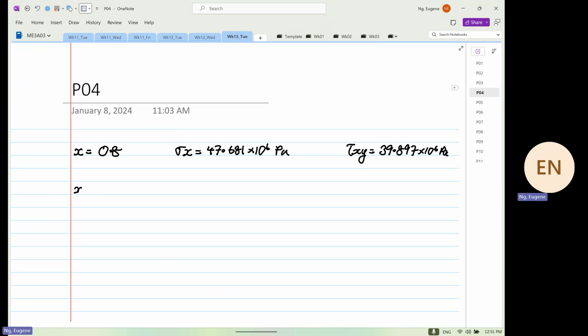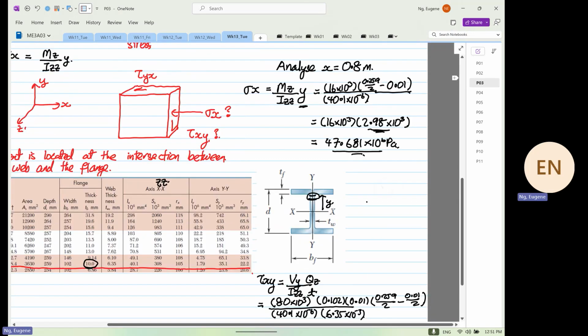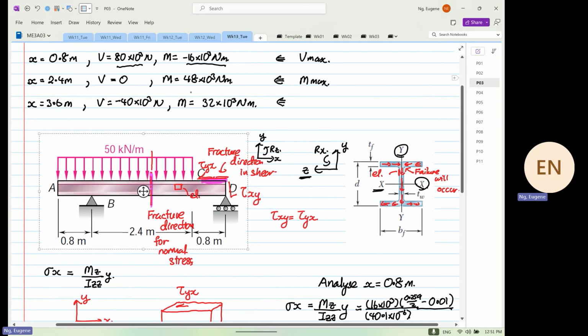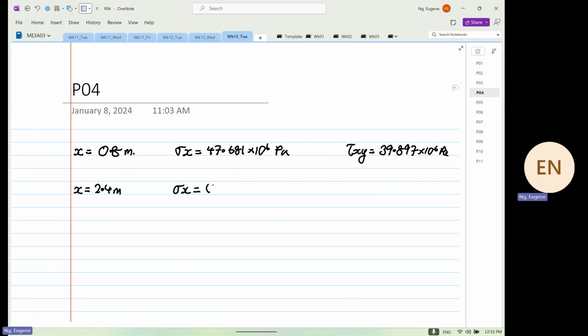Now, if we were to do x is equal to what? 2.4 meters. So if x is equal to 2.4, at 2.4 our moment is equal to 48 times 10 to the power 3.